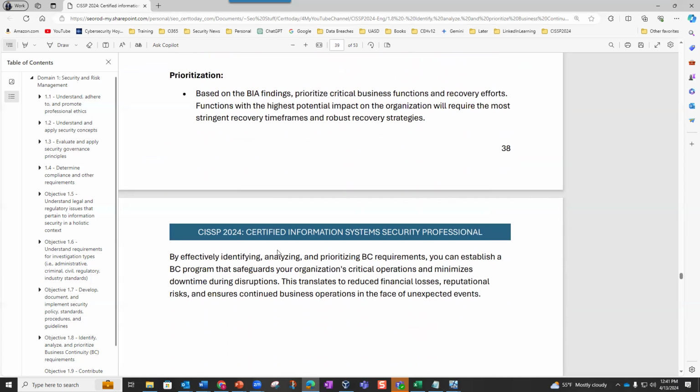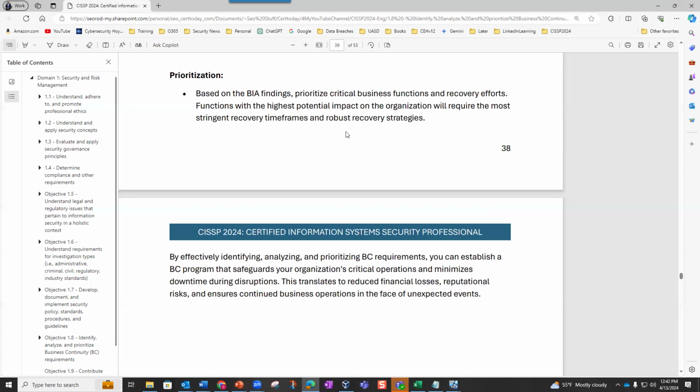By effectively identifying, analyzing, and prioritizing BC requirements, you can establish a BC program that safeguards your organization's critical operations and minimizes downtime during disruption. This translates to reduced financial losses, reputational risks, and ensures continued business operations in the face of unexpected events.